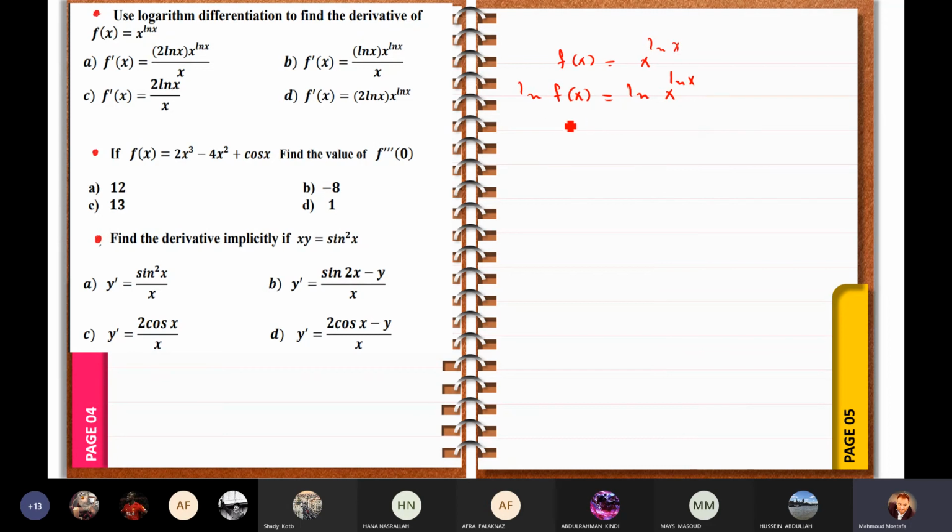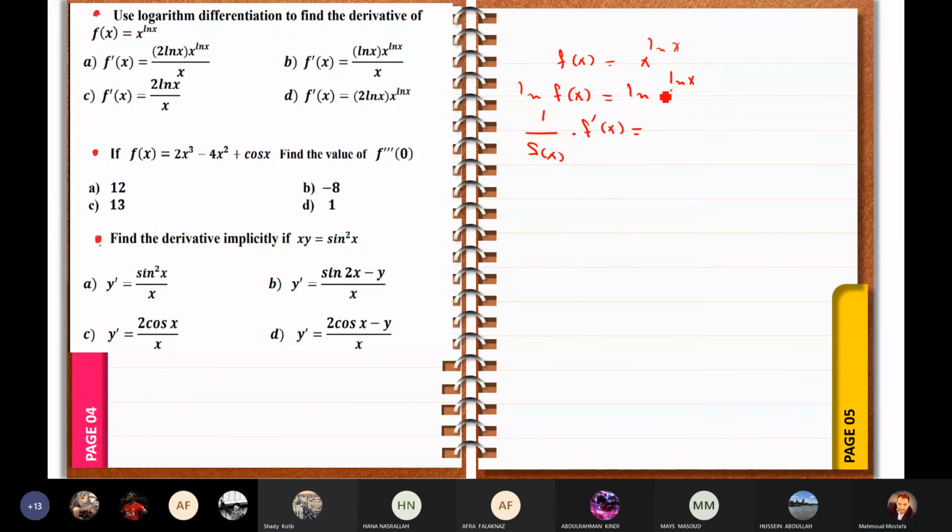Derive both sides. Derivative of ln of f of x is what? 1 over f of x multiplied by f prime of x. Here it is u multiplied by v.